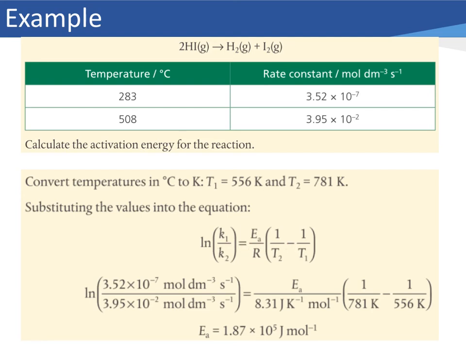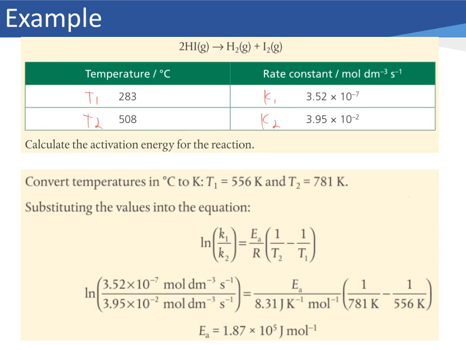Now, does it matter which one is K2 and which one is K1? Well, this is T1 and this is K1, T2, K2. As long as I keep these consistent, it doesn't matter, I will get the same answer.